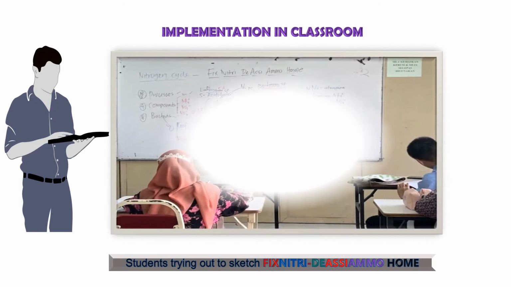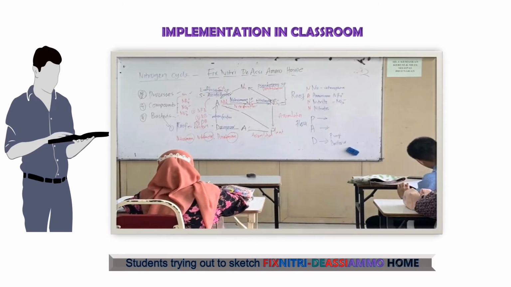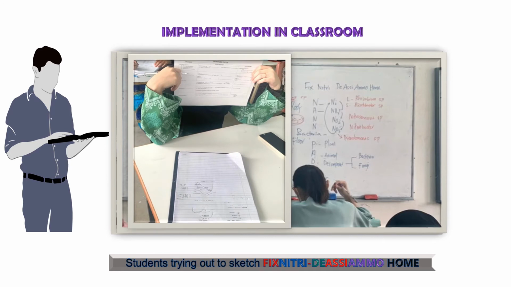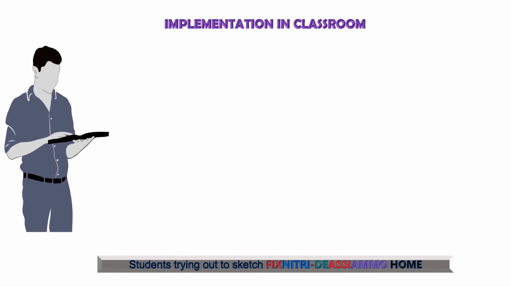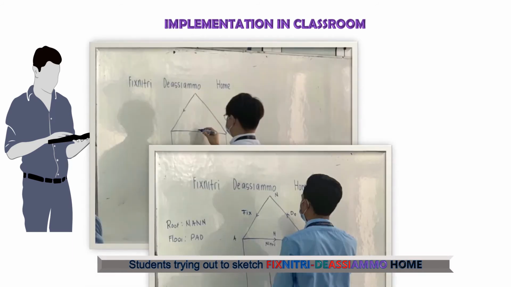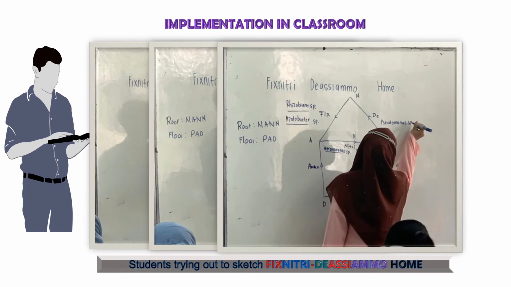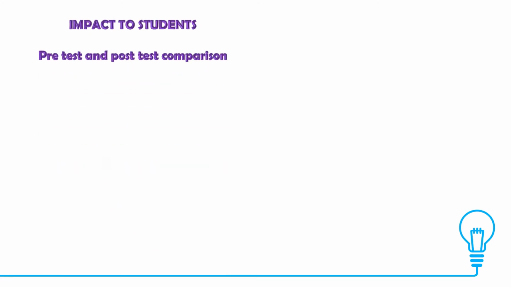During class, the lecturer introduces FixNitri DeAssiAmmo Home as an alternative method to explain the nitrogen cycle. The lecturer also encourages and guides students to sketch and to understand the nitrogen cycle. Also, we allowed students to share their experience with FixNitri DeAssiAmmo Home in front of the class.